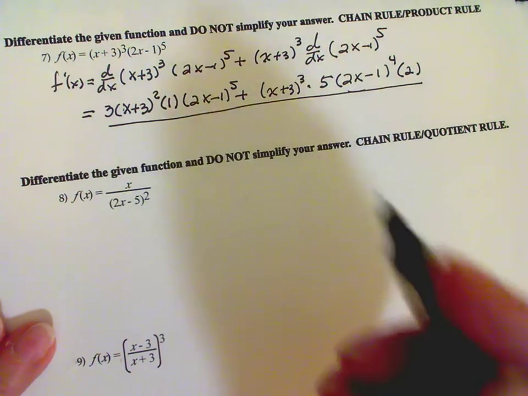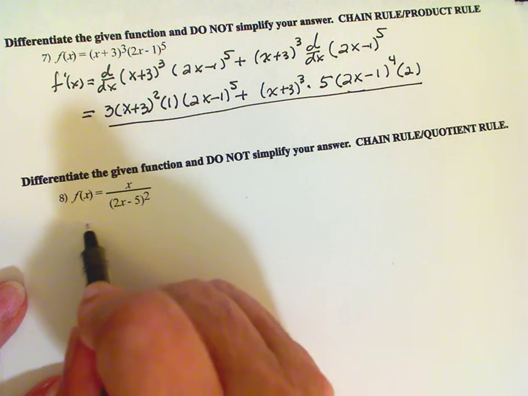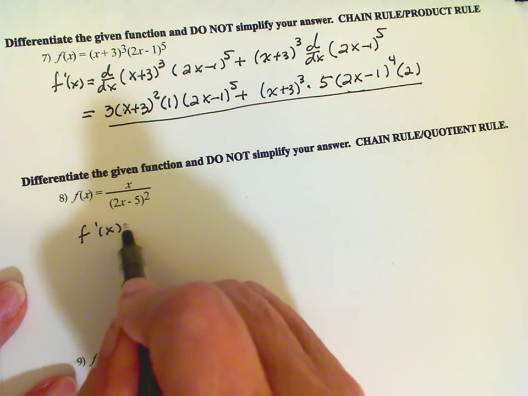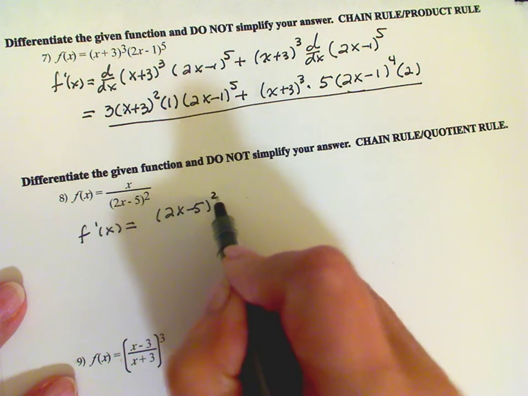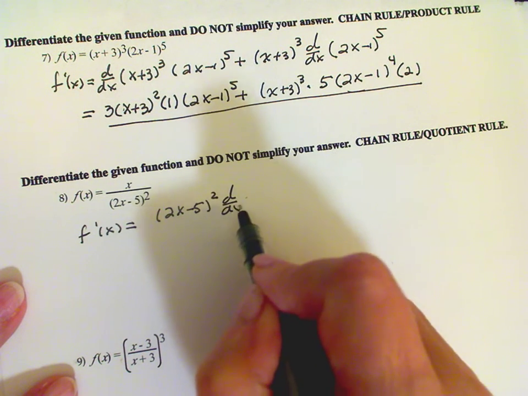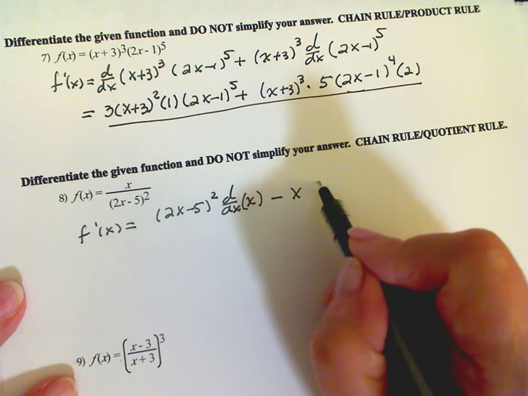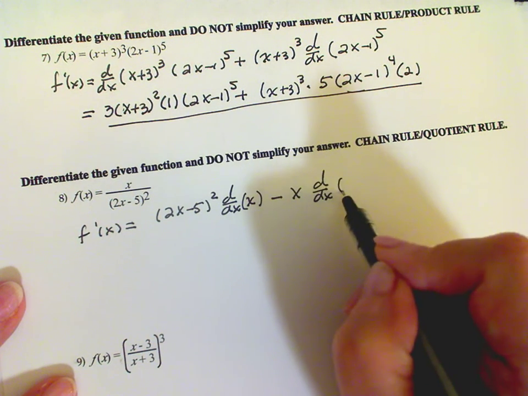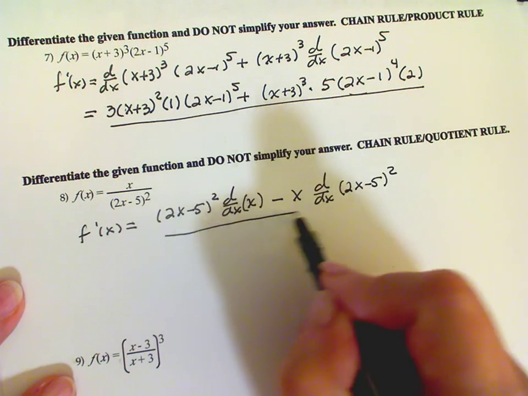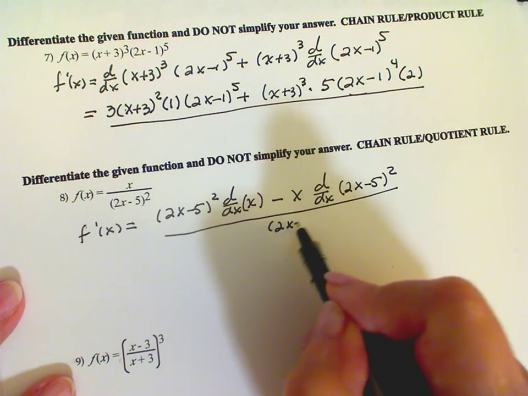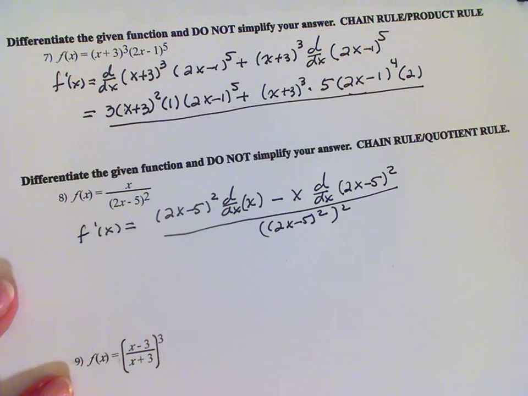This is chain rule, quotient rule. And this says what's f prime of x? Bring the denominator up times the derivative of the numerator minus the numerator times the derivative of the denominator, all over the denominator squared.